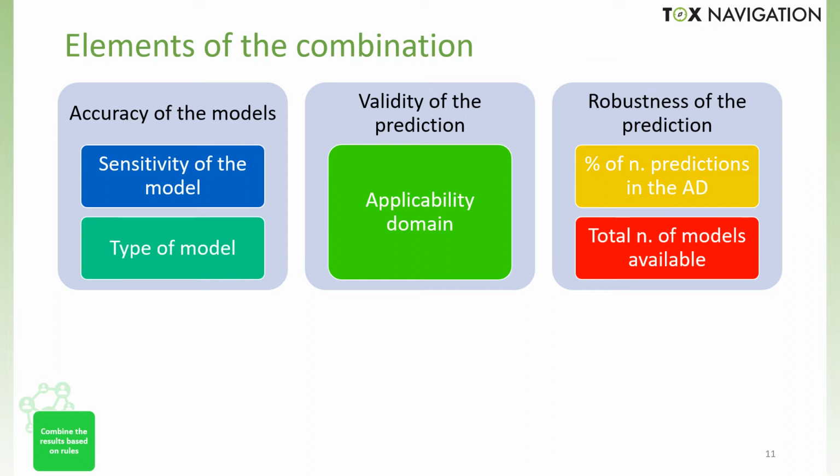Then we consider the validity of the prediction itself using the predictions that are within the applicability domain of the model. And we also calculate what we define as the robustness of the prediction, that encodes the information of how many of the available models are used for the assessment.